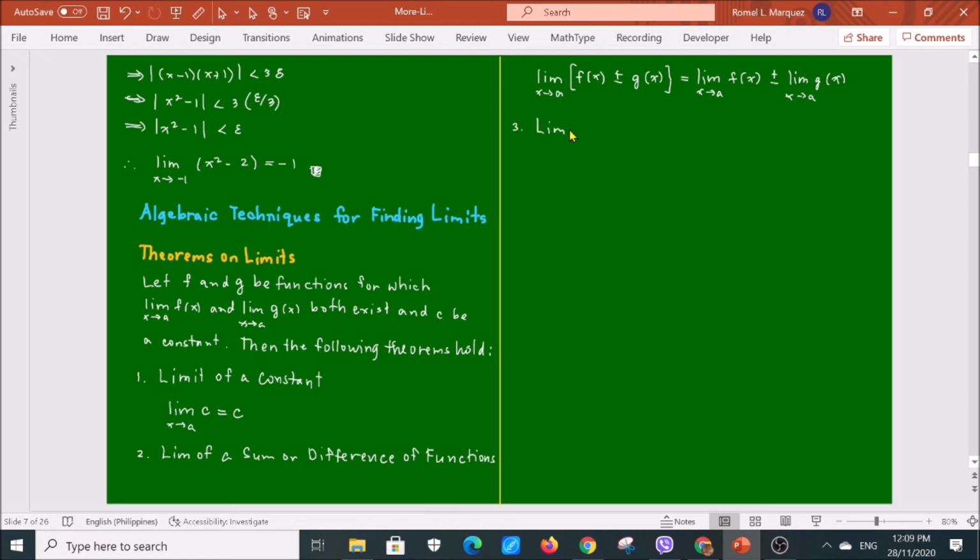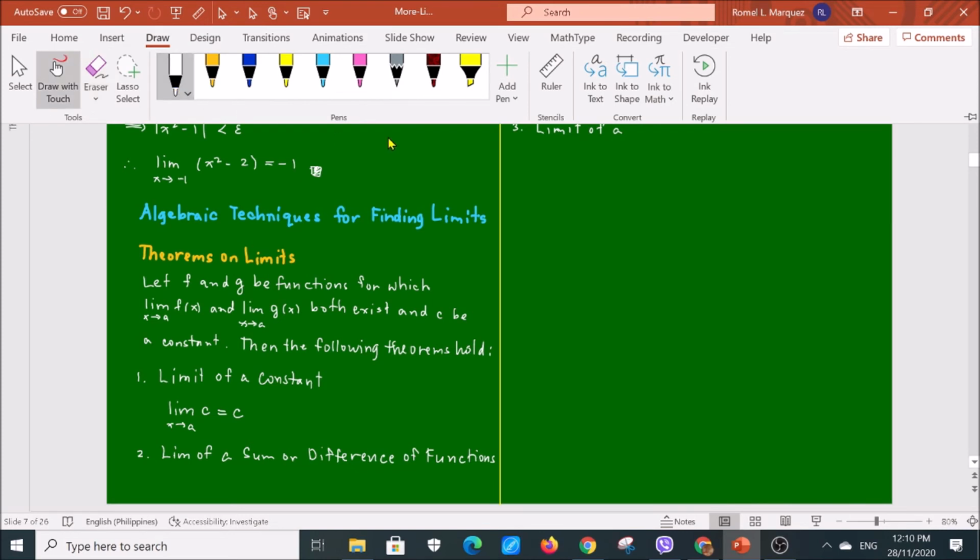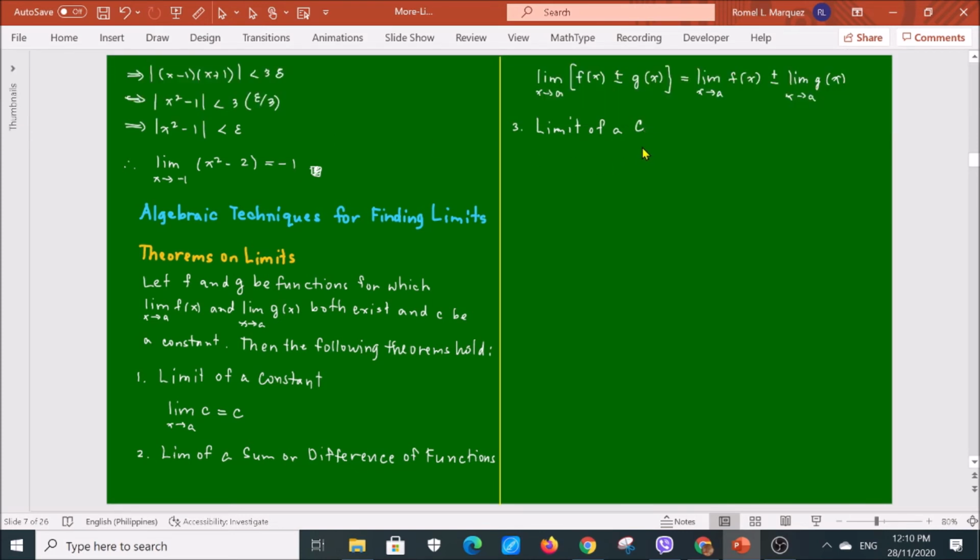Then we have the limit of a constant multiple of a function.